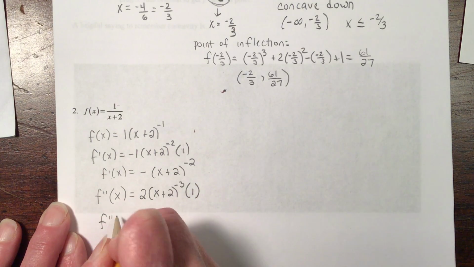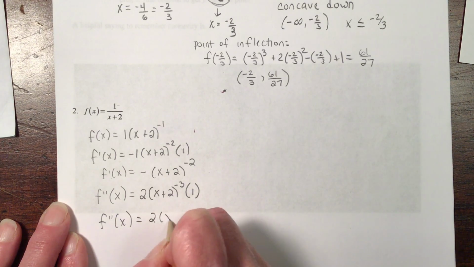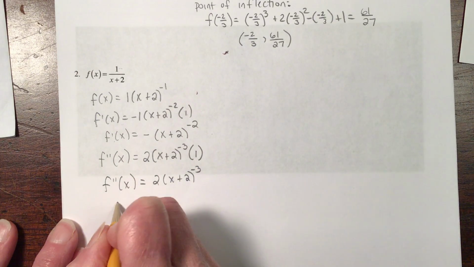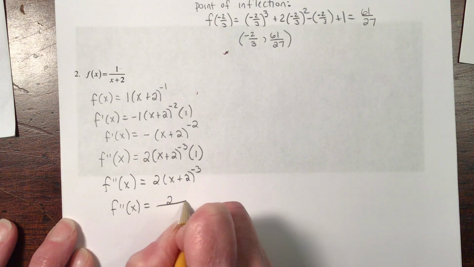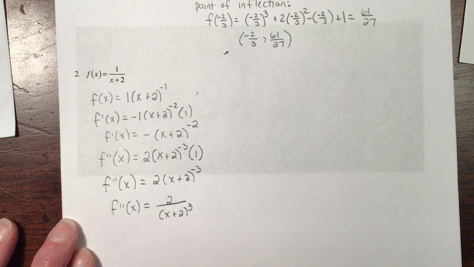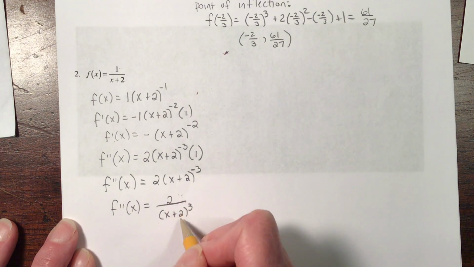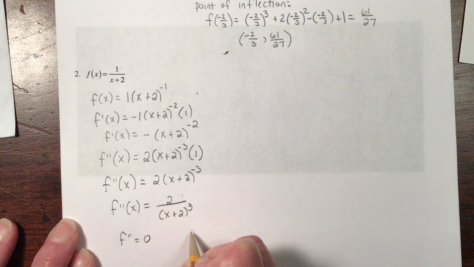My second derivative is 2x plus 2 to the negative 3rd power. However, since I know I'm going to be doing some work with this, I want to rewrite it with a positive exponent. Now, since my second derivative is a rational function, I need to look for where it's 0.